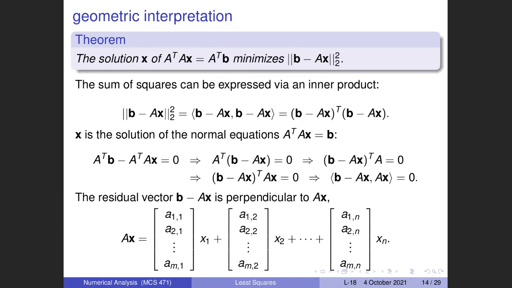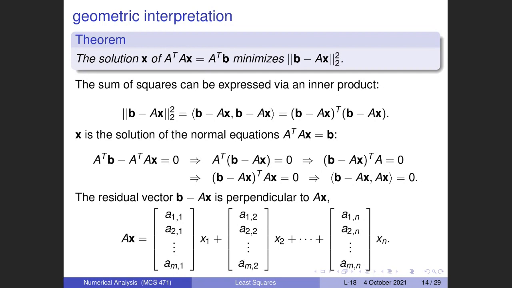The geometric interpretation of doing A times X is making a linear combination of the columns of A. You see these vectors here. Look at the second index. The second index is the same for all these vectors. So we are making a linear combination of the columns.